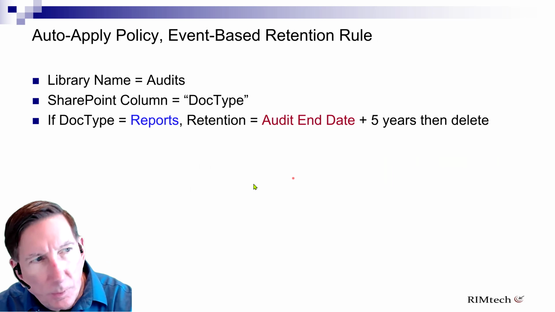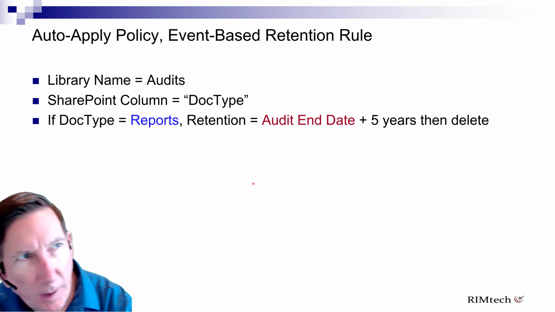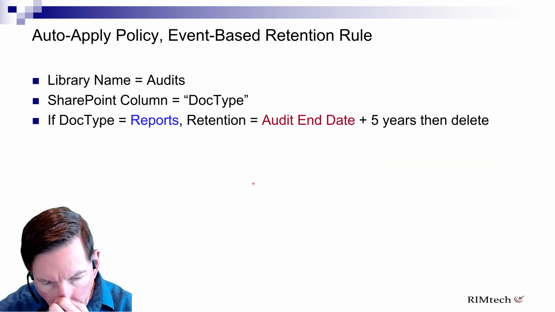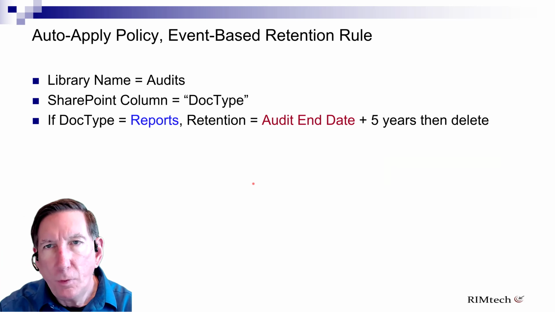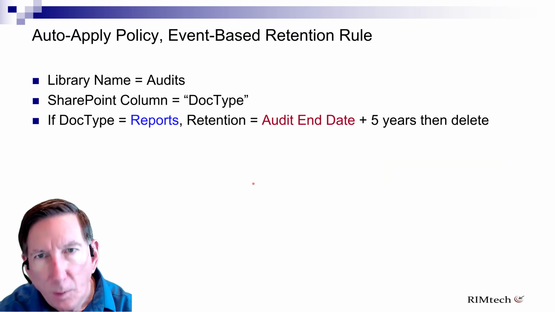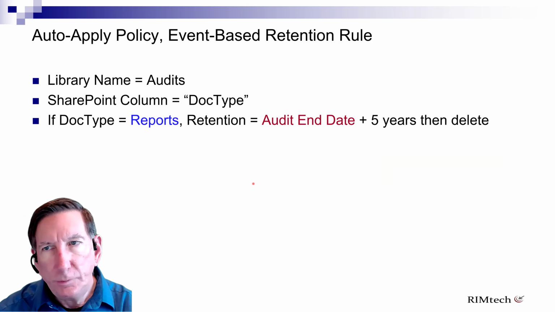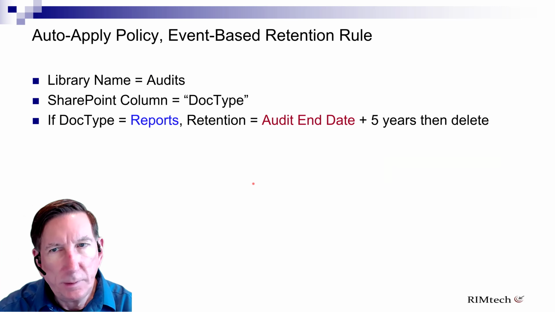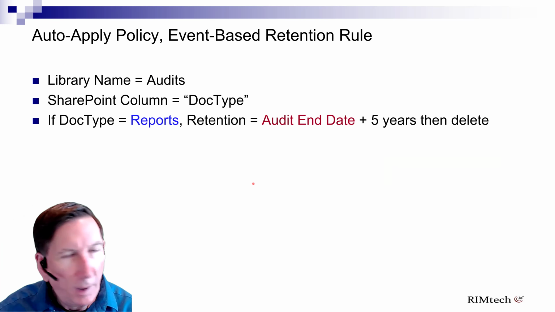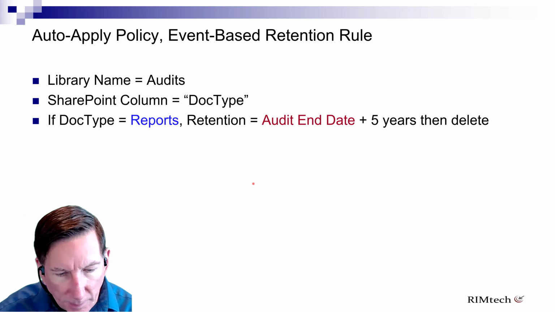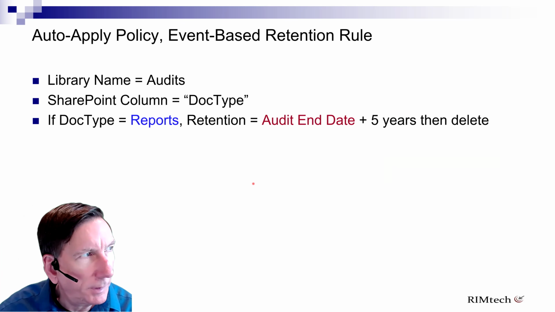So now we're going to actually go through an example of how to create event-driven retention rules for a library called audits. In it, we're going to create a column called doc type or document type. A typical document type column could have planning and management, permits, drawings, could be anything.